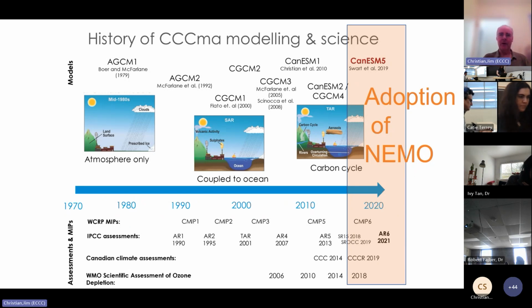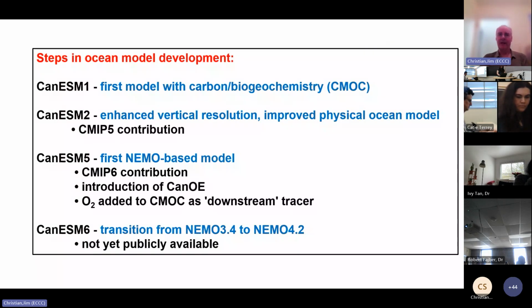And just to go, without going back into the very early history, let's just go back to CanESM 1, which Jason and Vivek and Neil talked about as well. But CanESM 1 was our first model with biogeochemistry. So it had both the land carbon and the ocean carbon. So we introduced this ocean biogeochemistry model, which we called CMOC, or Canadian Model of Ocean Carbon.